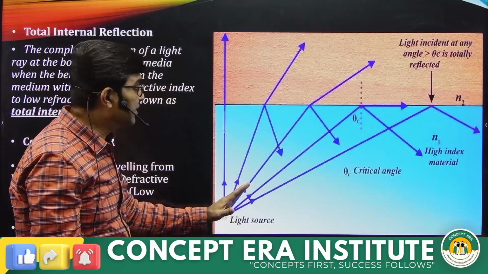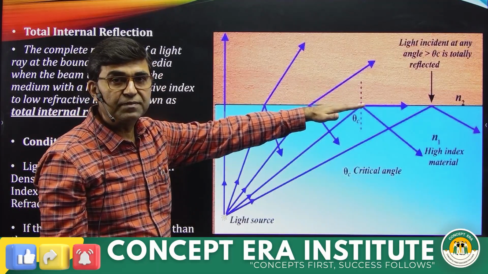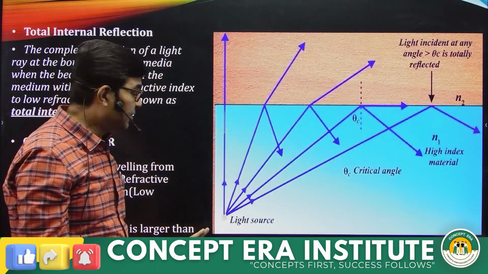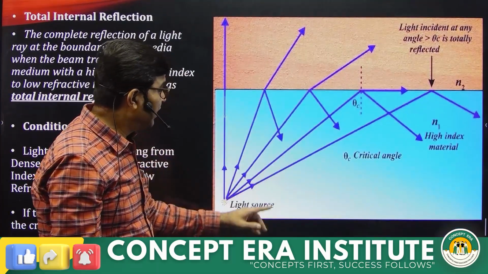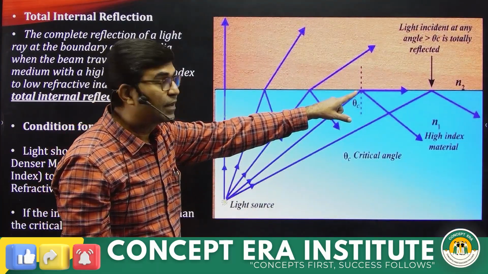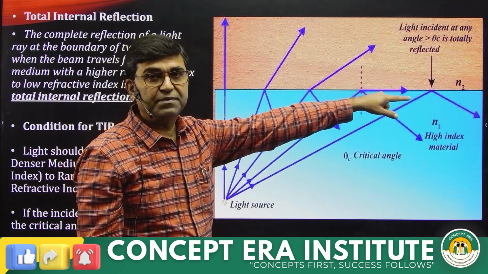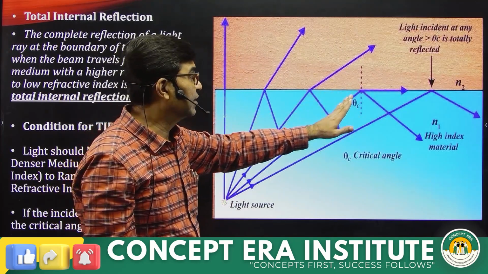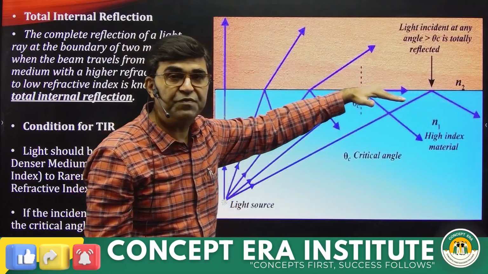If we increase the angle of incidence further, the angle of refraction also increases. At a particular point, for a particular angle of incidence, the angle of refraction becomes 90 degrees. That means the refracted light will be traveling along the boundary between the two media.